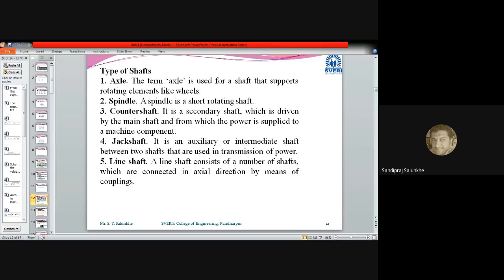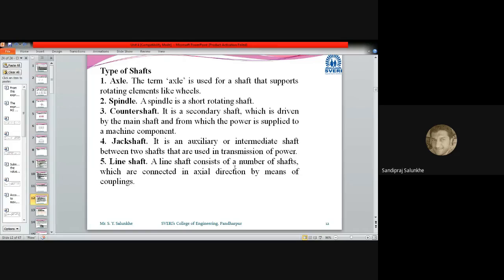When two different shafts are used to transmit power, and in between them a supportive shaft is provided, that shaft is known as a jack shaft. Jack is basically what supports a screw jack. Have you heard this word? The jack which we use for removing the wheels of any automobile, we call a jack.